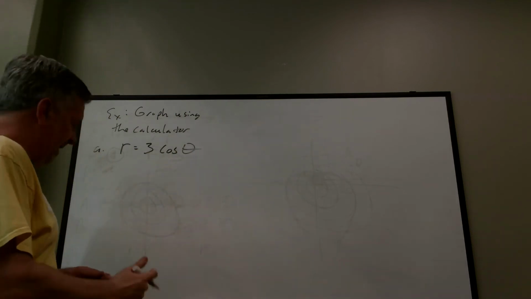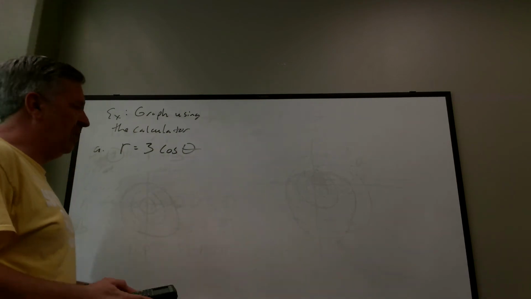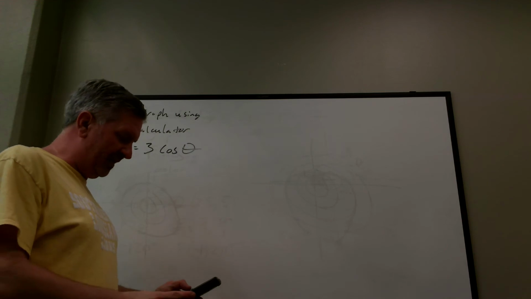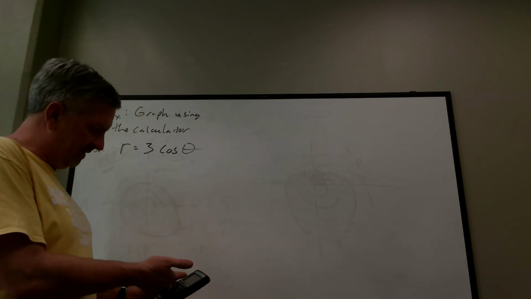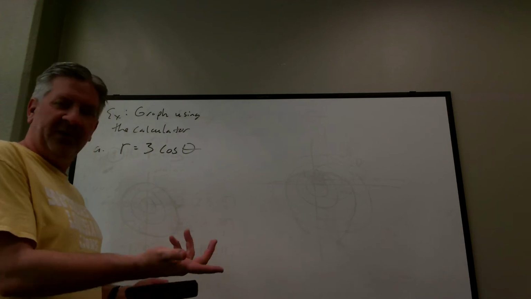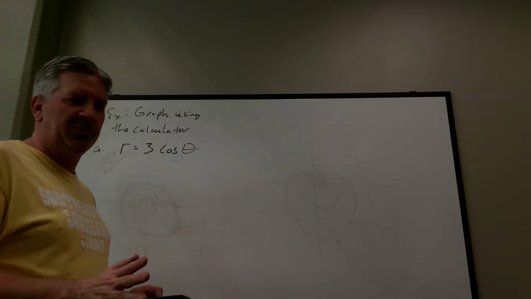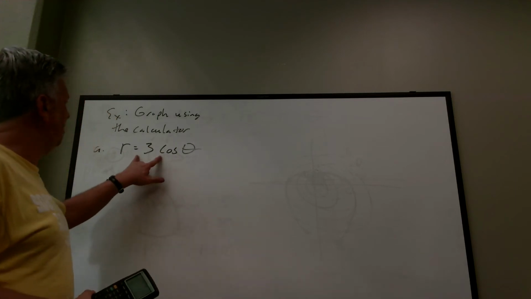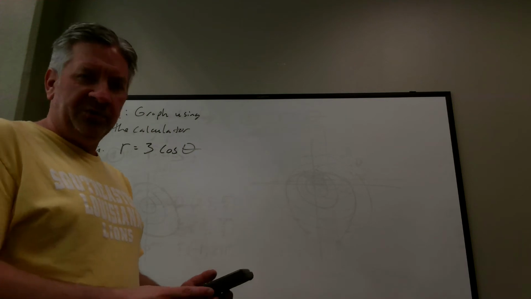If you have a TI-83 or 84, I'm sure you've done a lot of graphing with it. If you go to y equals, you're not going to be able to do this, because it says y equals, and when you type in variables, it's going to give you x. It's going to treat it as rectangular coordinates, which you usually use. If you want to graph in polar coordinates, you have to change the mode on your calculator.